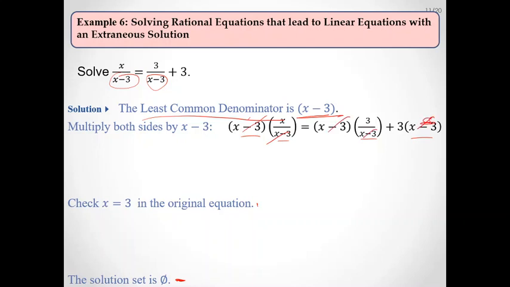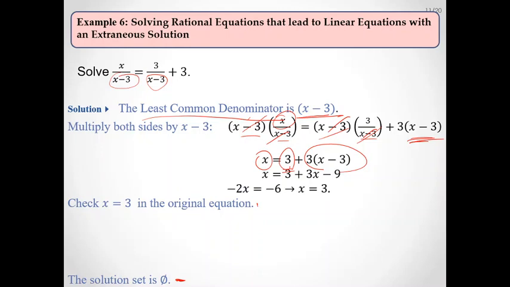There is no cancellation here, no simplification here. So then we end up with this. And when you expand and solve it, you get x equal to 3. You can check the steps here.